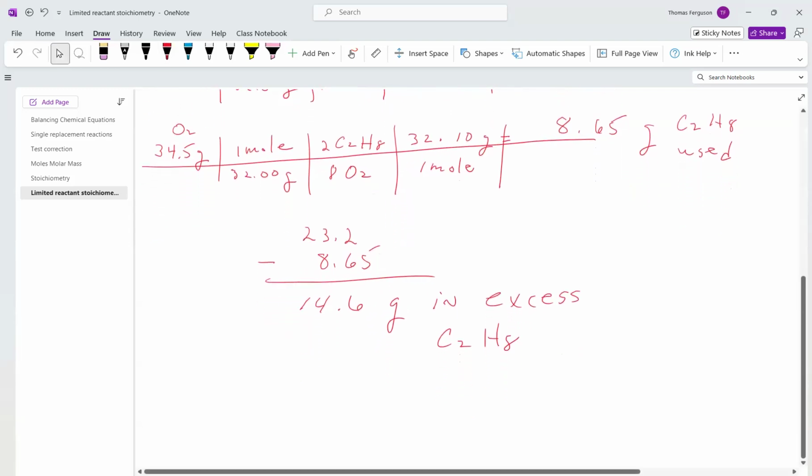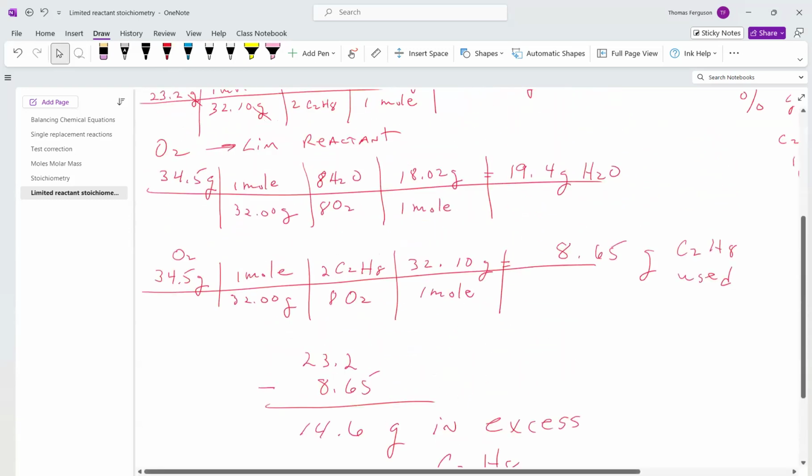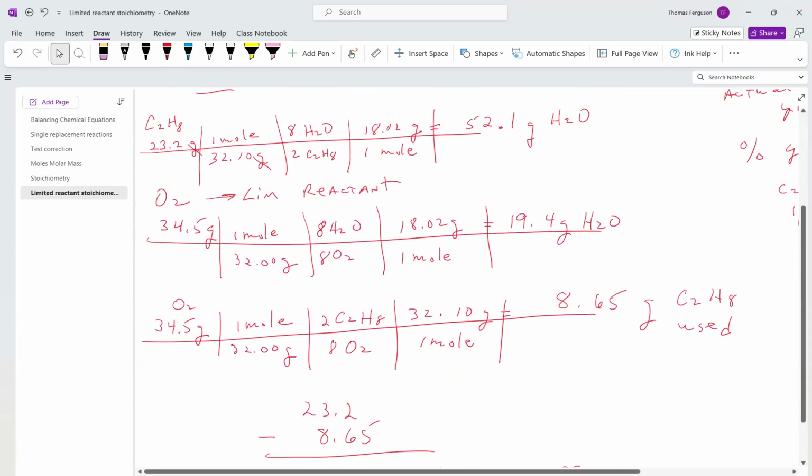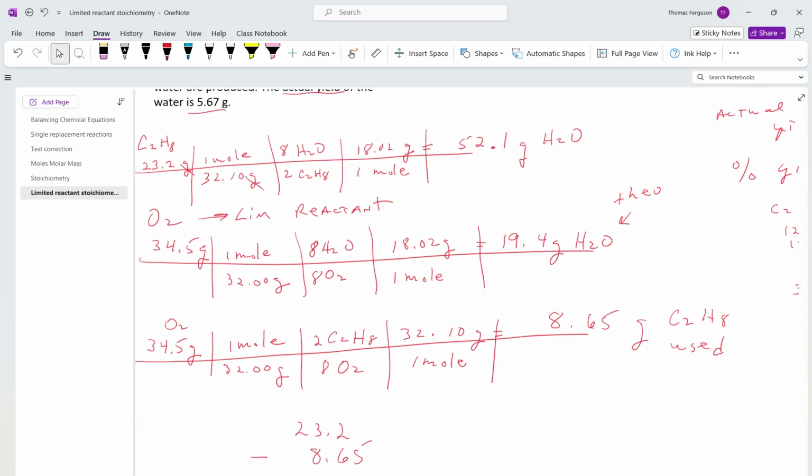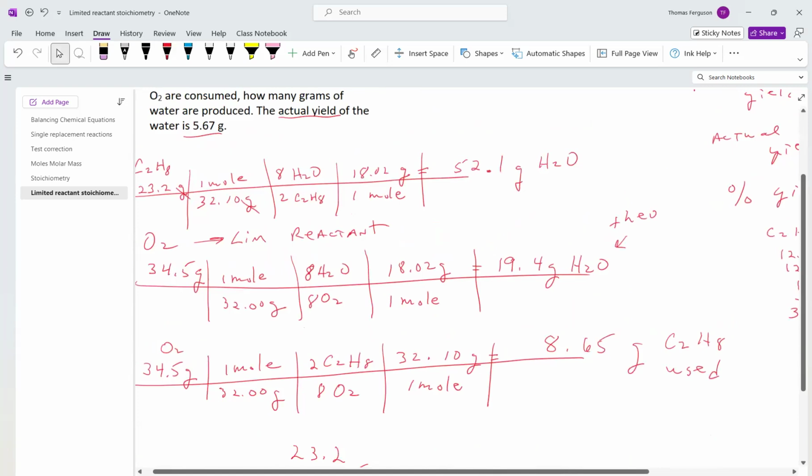Now, the next question is, what is the yield? What is the percent yield? Okay, so we are getting 19.5 grams theoretical. If everything works perfectly, we're going to get 19.4 grams. However, the actual yield was 567.